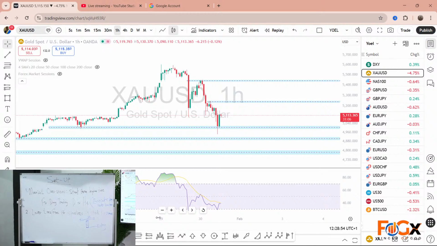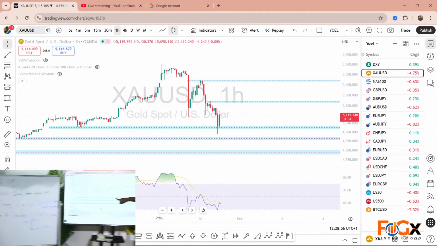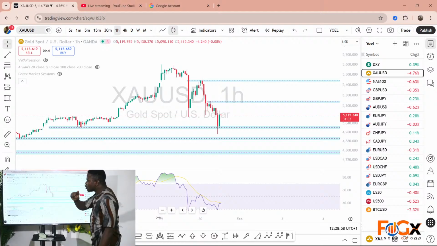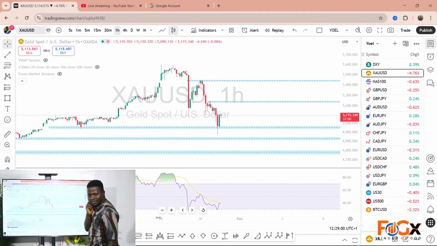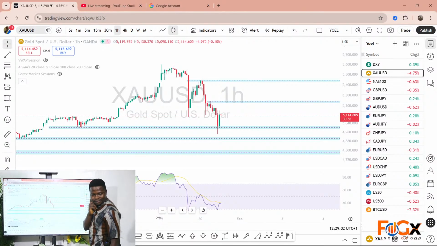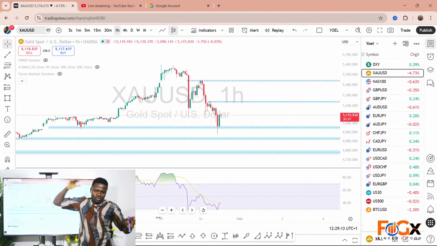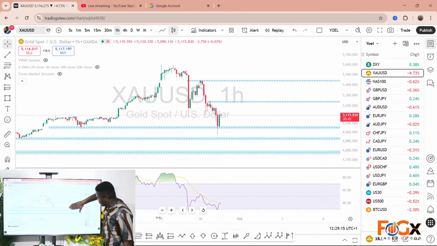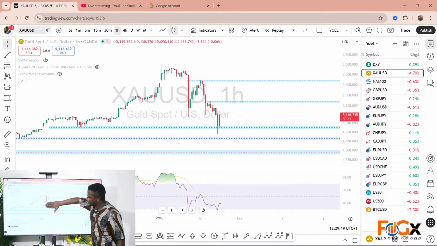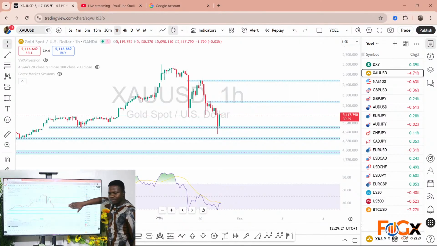In fact, if it falls from where it is right now back to this area, I want to try buying again. Yes, this area. So you buy or sell in the zones. Don't trade in this unknown, no man's land. That's why marking of those key zones is very important.